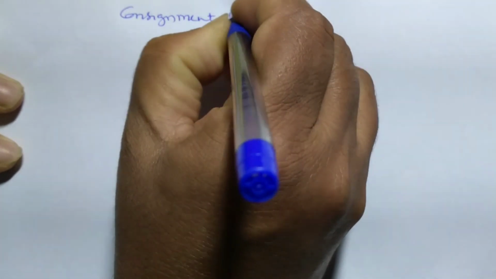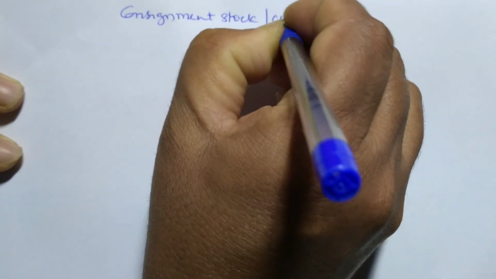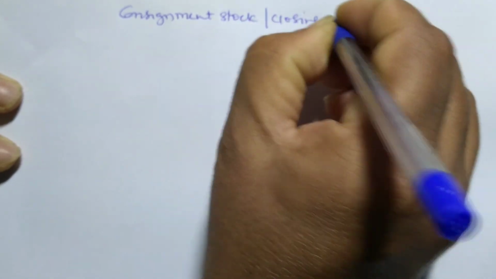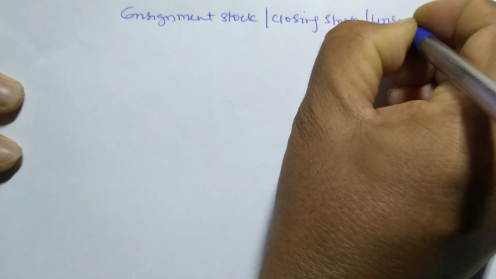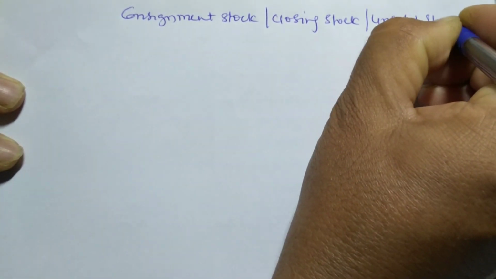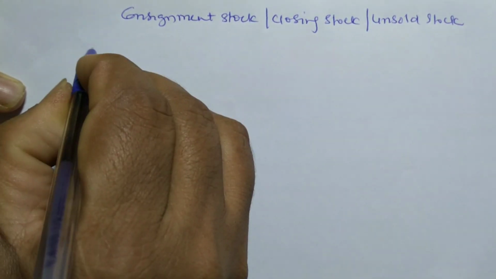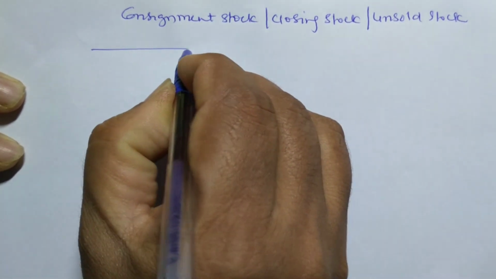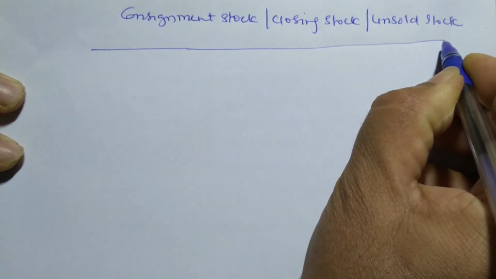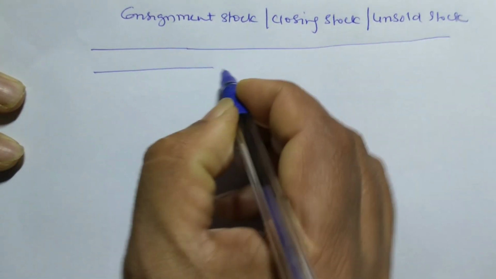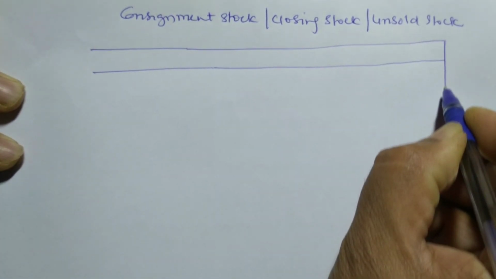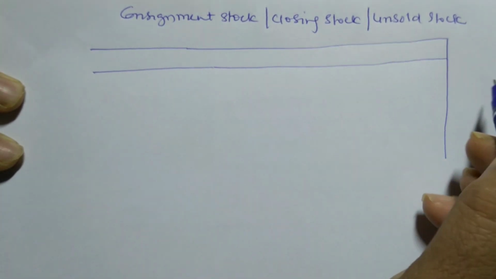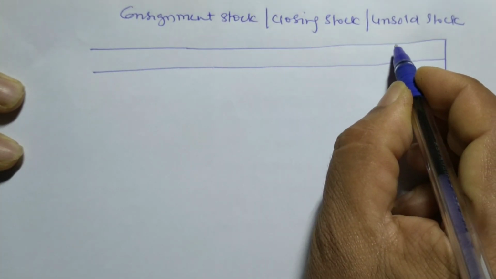After calculation of loading, let us calculate consignment stock. Consignment stock, we may call it closing stock or unsold stock. Closing stock is calculated by taking into account the goods sent minus sales.